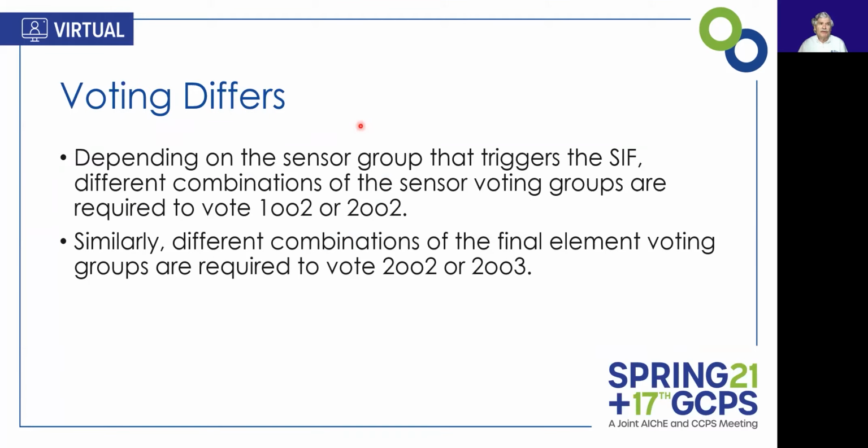Now, one of the problems is the voting differs depending on the sensor group that triggers the SIF. Different combinations of sensor voting are required to vote 1 out of 2 or 2 out of 2. Likewise, different combinations of final element voting are required to vote 2 out of 2 or 2 out of 3.